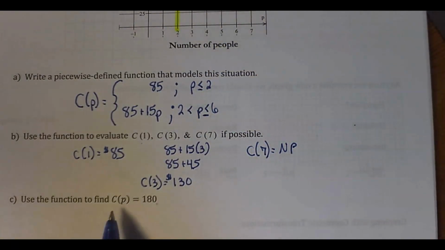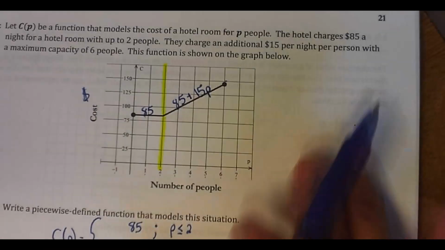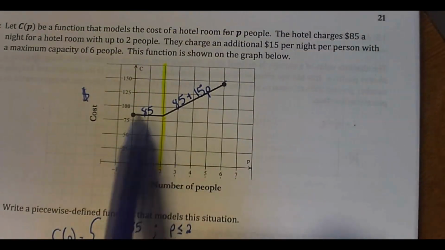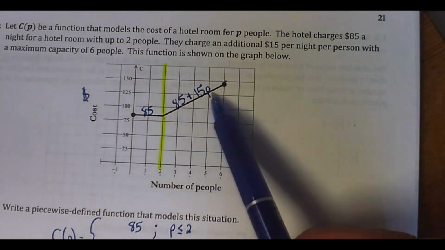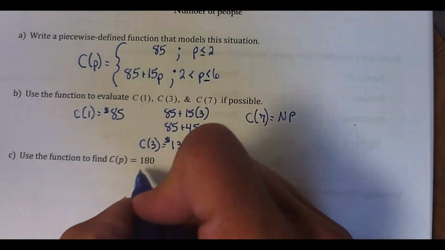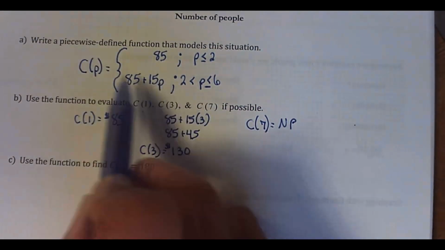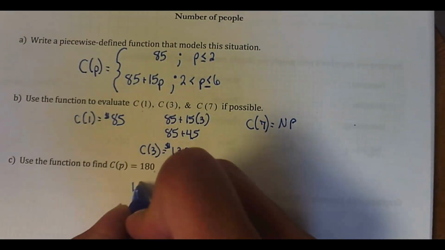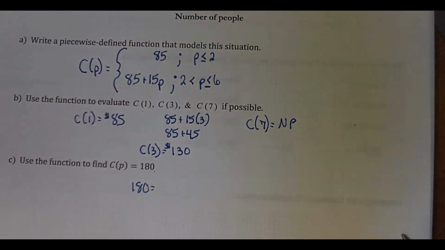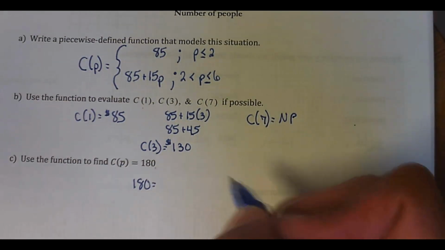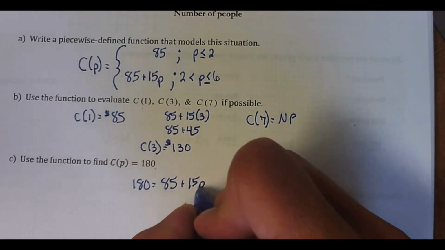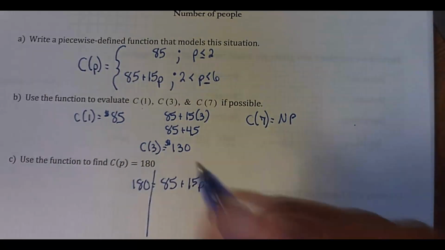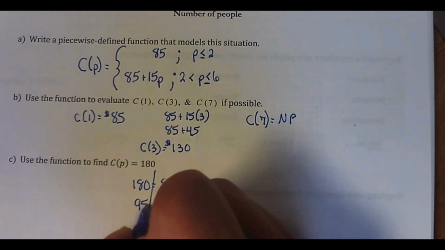Now we're going to use the function to find C of P equals 180. So hopefully you realize that 85 is set. You know, that's from 0 to P. So how many people could I fit for $180? Well, let's see. I would use this function, and this is like my saying y equals 85 plus 15p. So I'm going to get 85 over first. So I'm going to subtract that. That gives me 95.